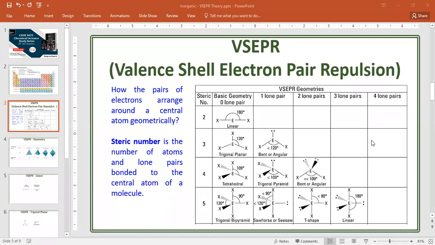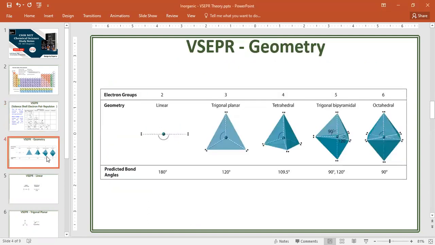Based upon the steric number and the number of lone pairs, the geometry information can be predicted about the molecule. So we can understand the geometry shape from this particular slide.